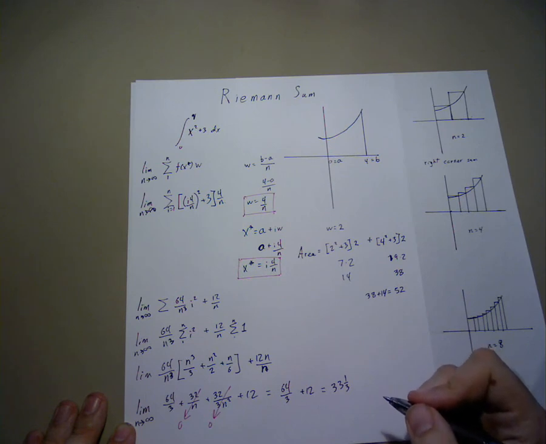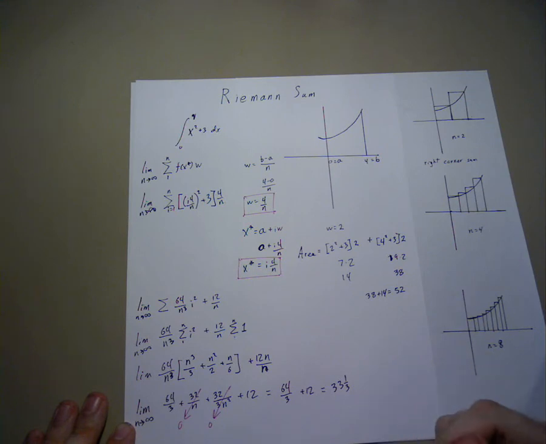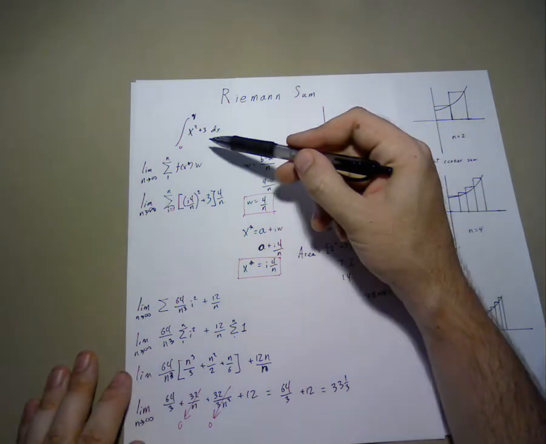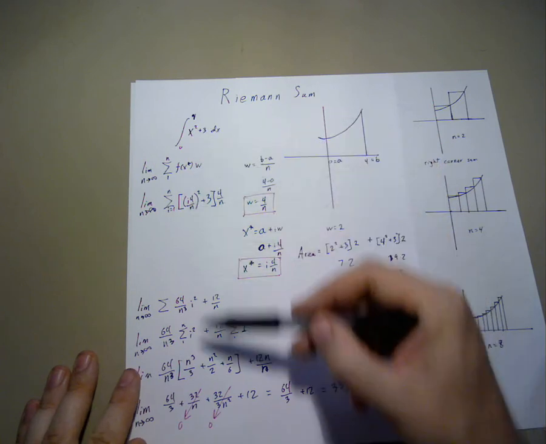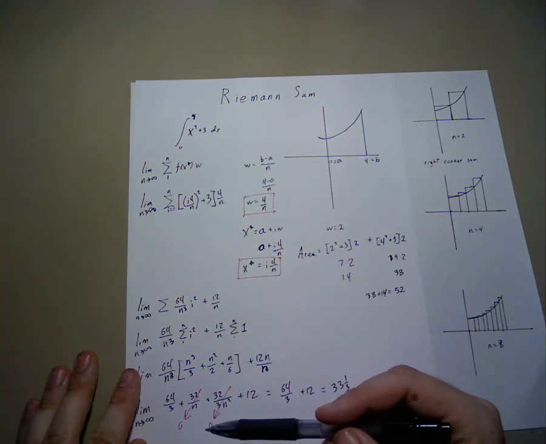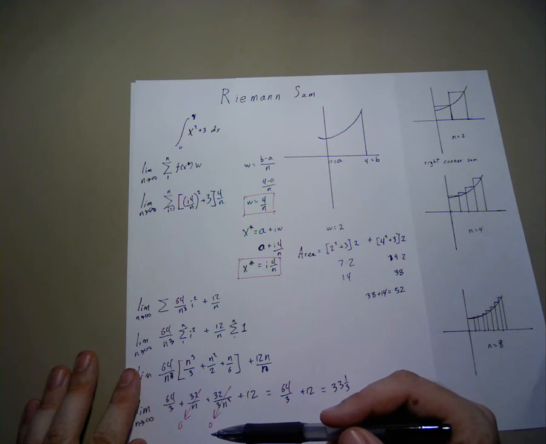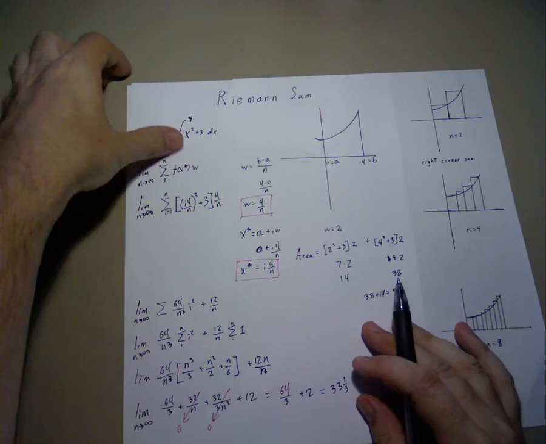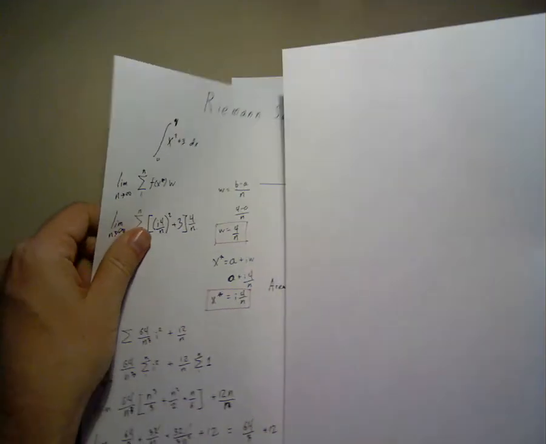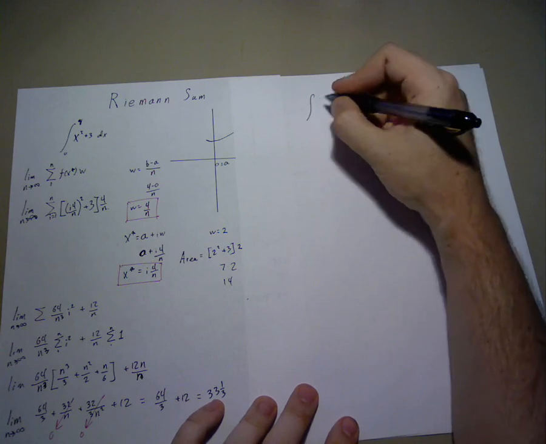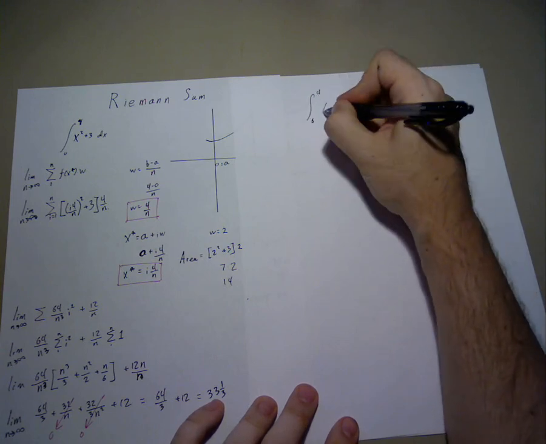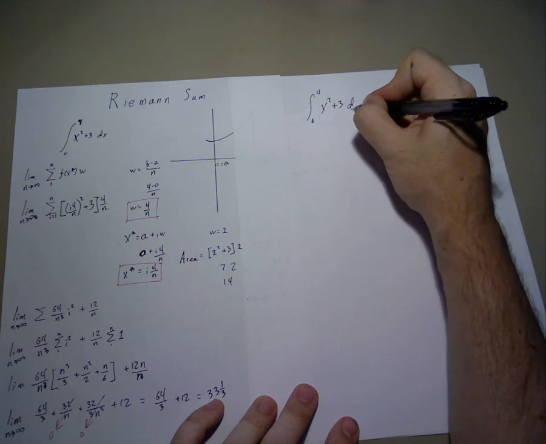If we wish, we can double check this by using the rules we'll learn about shortly to explicitly evaluate this function without the complicated Riemann sum. Just to show how this is done, I will do this quickly on the next page. We will write the integral from 0 to 4, x squared plus 3 dx.